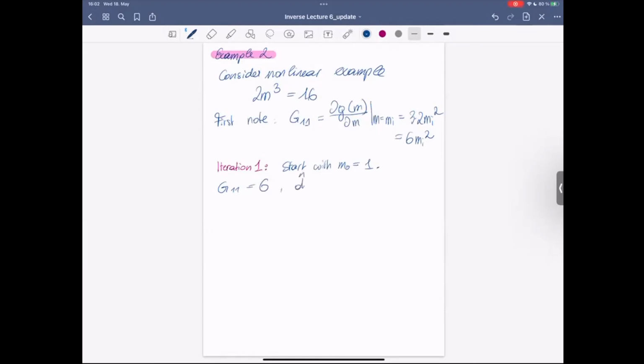Our predicted data is then 2 times 1 to the power of 3 equals 2. And delta C becomes the misfit of the observed data minus the predicted data, equals 16 minus 2 equals 14.